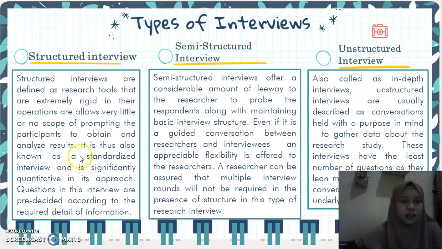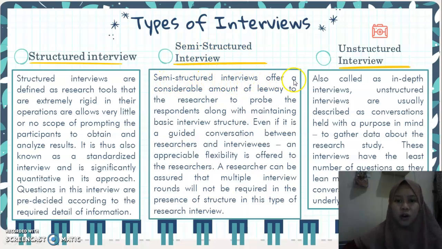It is thus also known as a standardized interview and is significantly quantitative in its approach. Questions in this interview are pre-decided according to the required detail of information. So in the structured interview, we already have the questions that we will ask the respondent, which we have already decided.